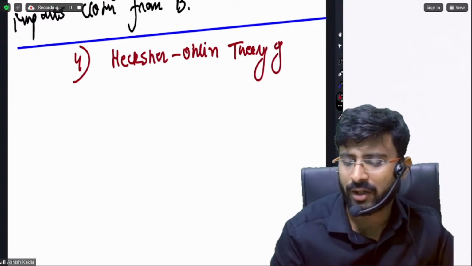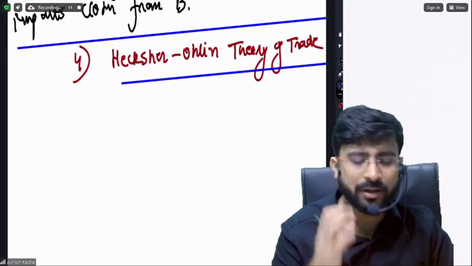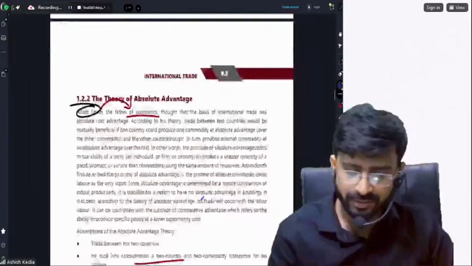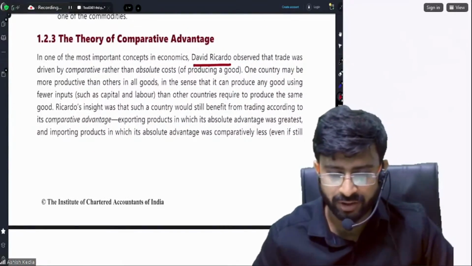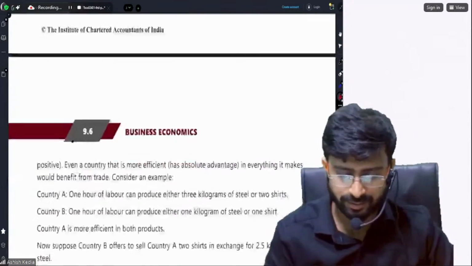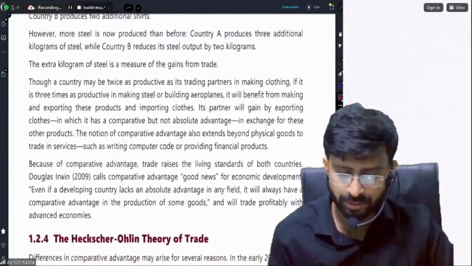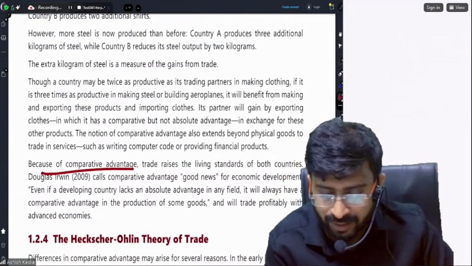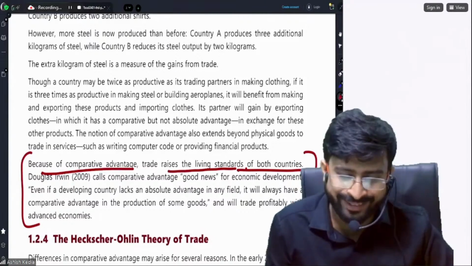Acha, before we move here, let's go towards the ICAI Met as well to see whether we have done everything or not. Let's see. Yes. David Ricardo, I have spoken about this person. Comparative absolute cost explained. Comparative advantage, yes. Country A, country B example given. हाँ, because of comparative advantage, this I have not told, so let's study. Trade raises the living standard of both the countries.